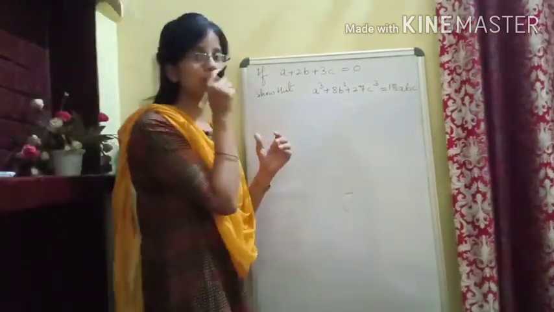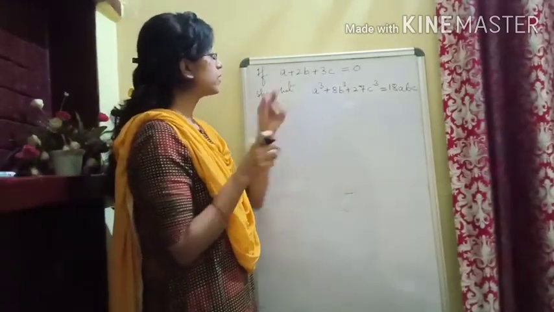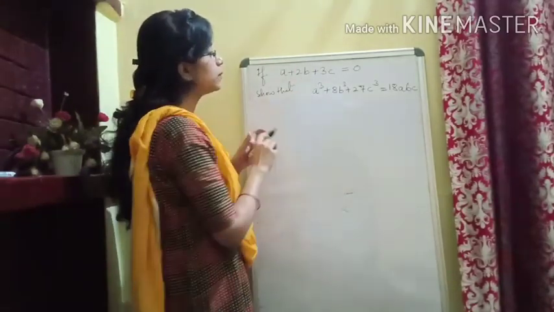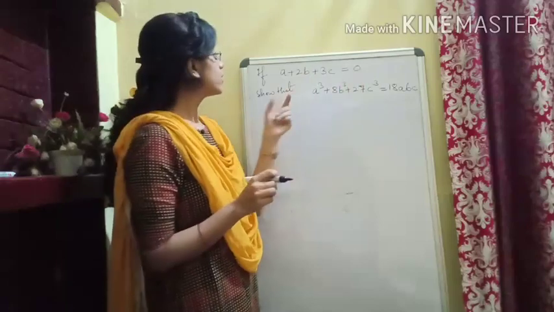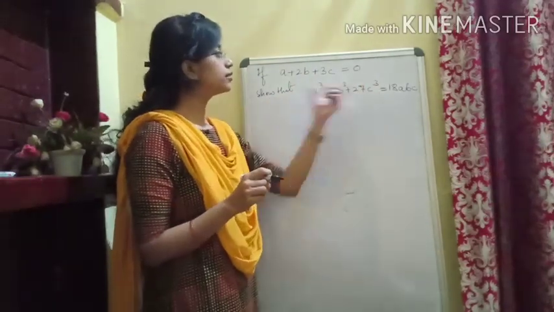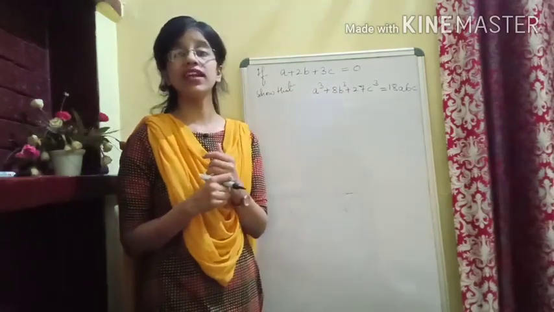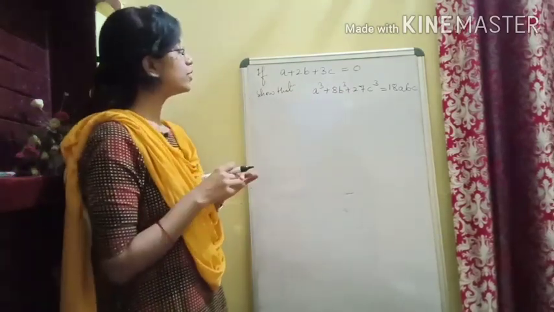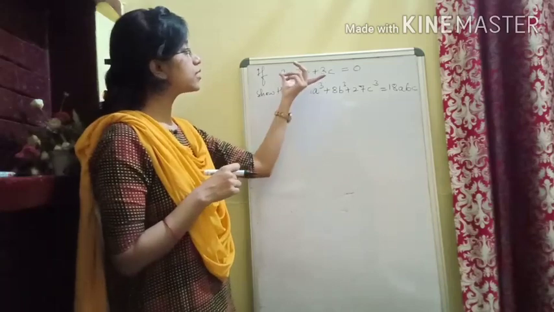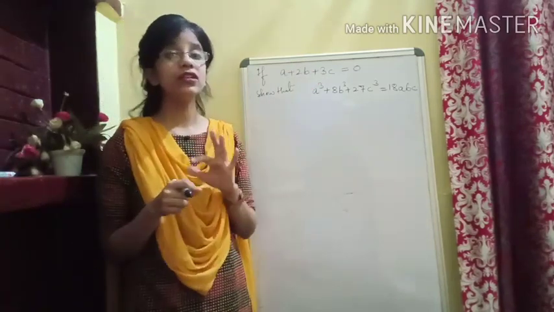Okay, here in this question we are given that if a plus 2b plus 3c equals 0, then we have to show that a cube plus 8b cube plus 27c cube equals 18abc. Now one thing you need to see here is that in the given information we have 3 terms.